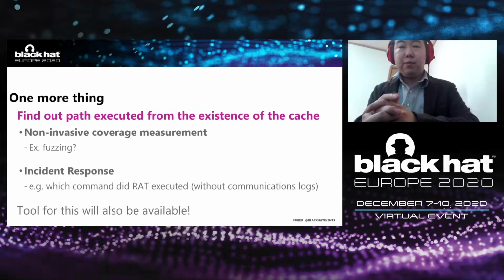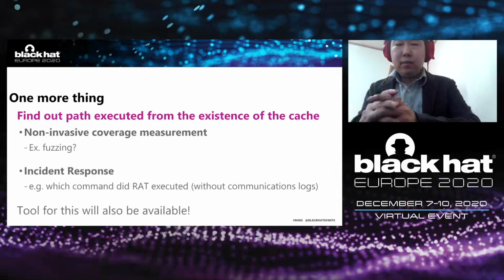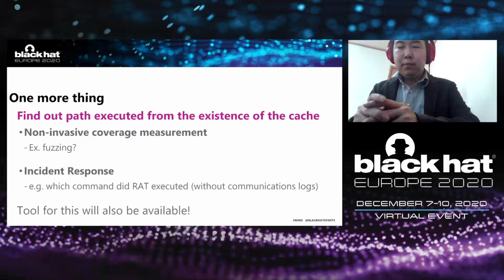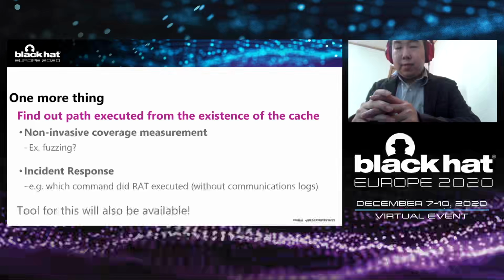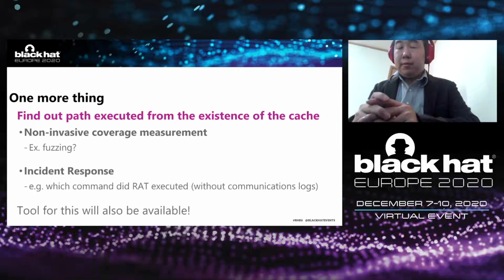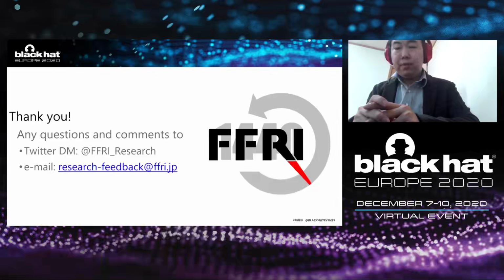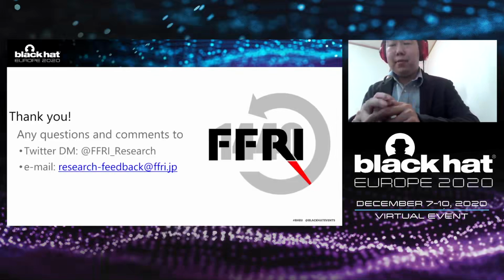It may be good for fuzzing. Second, it can be useful for analysis during incident response. For example, if you want to know which command and control was executed in your environment without communication logs, it can help you. Therefore, this will also be available.